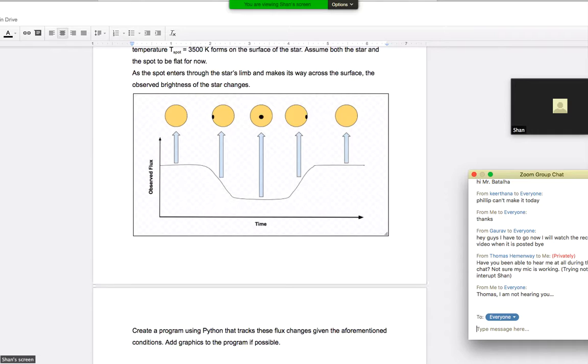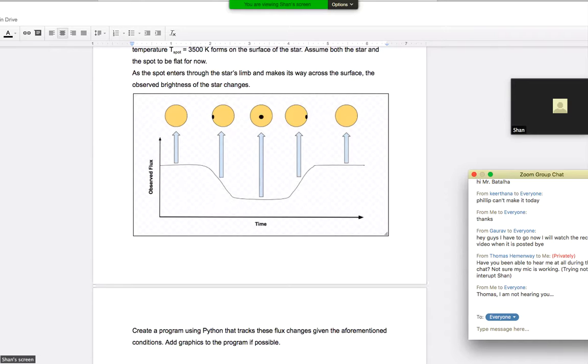What if you allow this entire area to migrate into the stellar disk in a linear way? Make it something simple. Let's say the star has a diameter of 10 units, and my spot has a diameter of 1 unit, and my star rotates in 5 days.